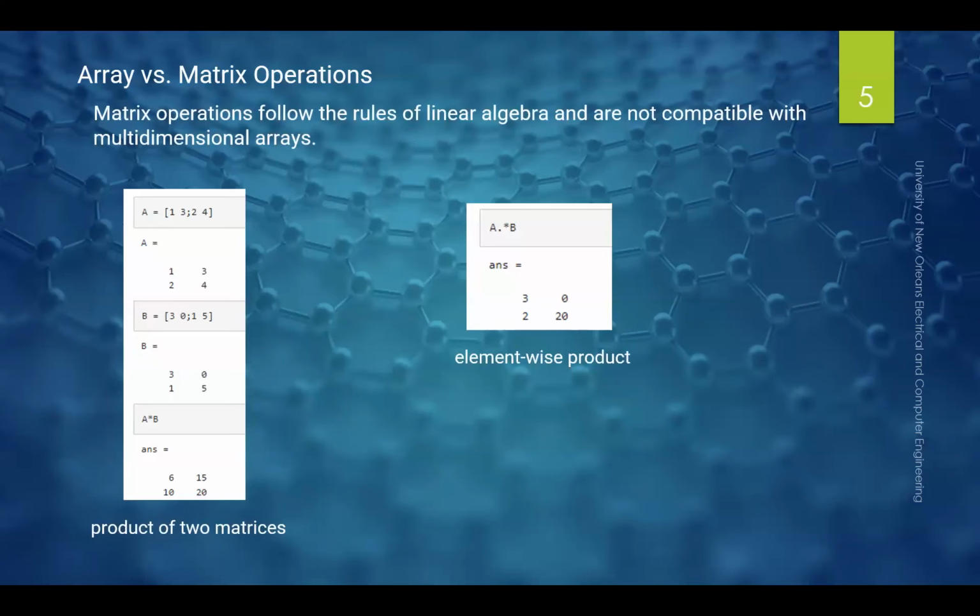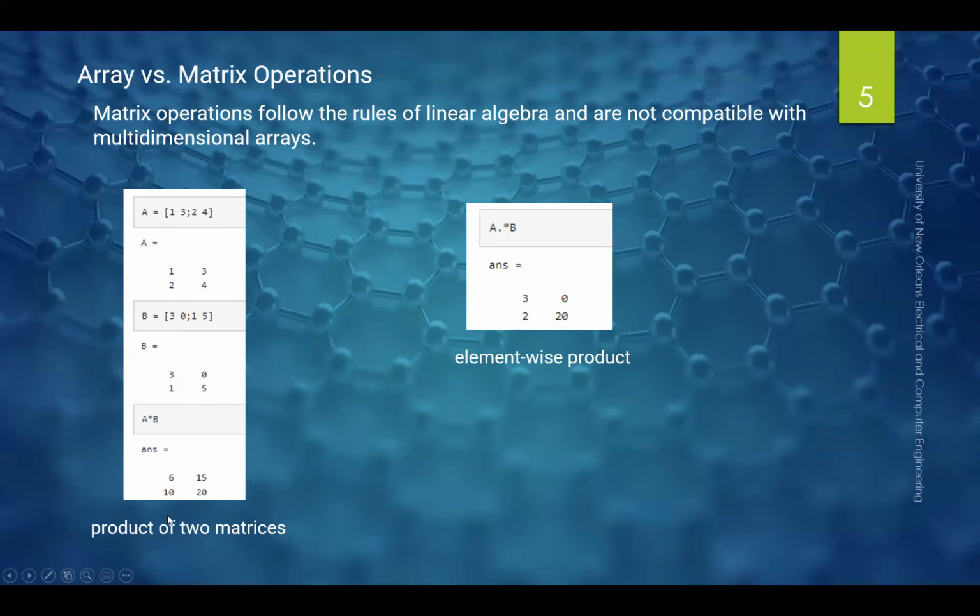So, like I said at the beginning, matrix operations follow the rules of linear algebra and are not compatible with multidimensional arrays. So another example here, look on the left-hand side, we have two matrices, right? So this without the period will indicate the product of the two matrices, right?